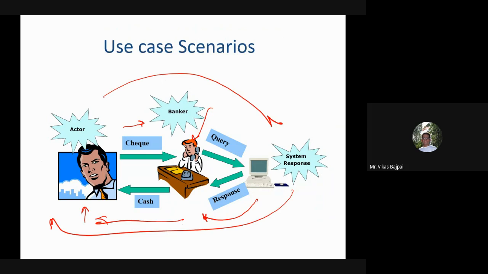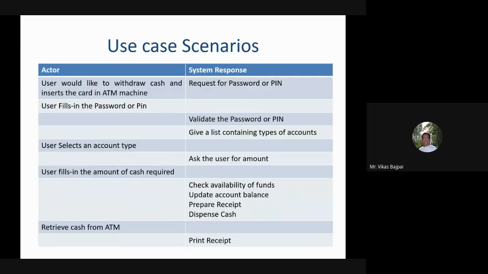Now, in this case, we got to know that this is the real life scenario, and the next thing will be I'll have to come up with the use case scenarios.